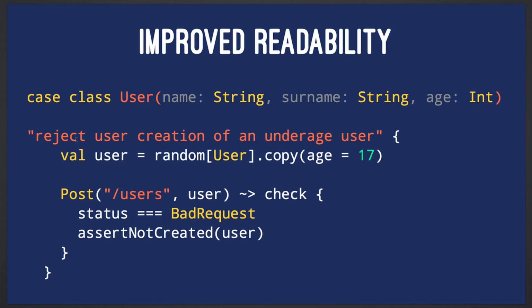So in this code, it's really clear that the important piece of information of our case class is the age. We don't care about anything else. The important bit is the age.